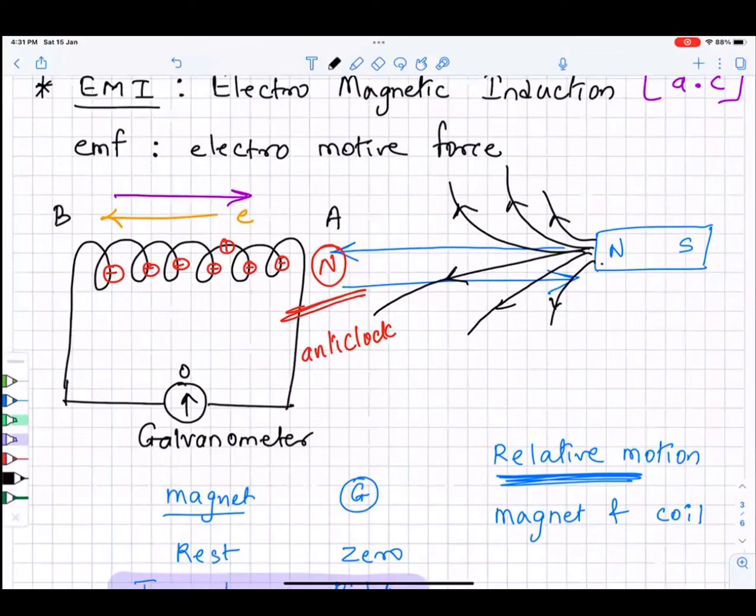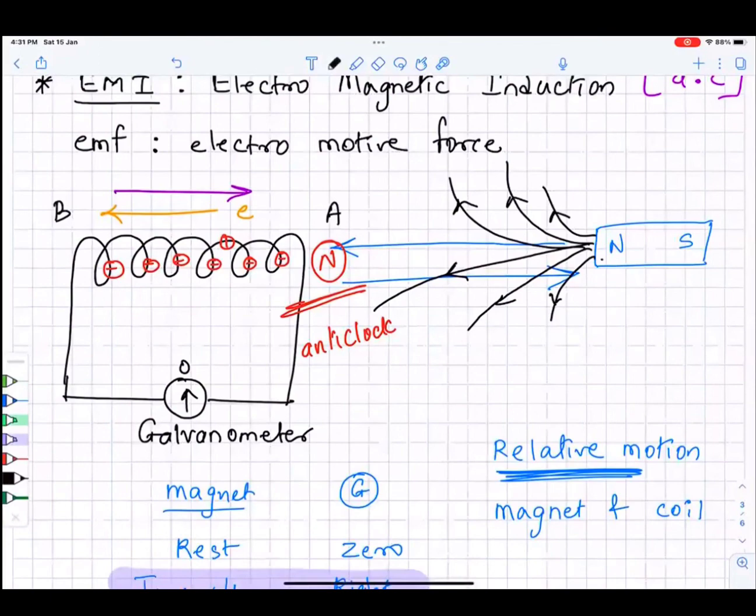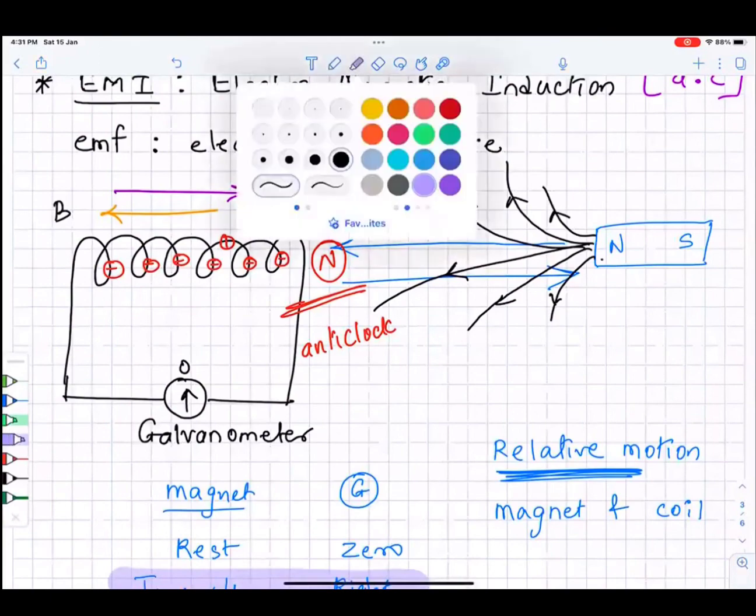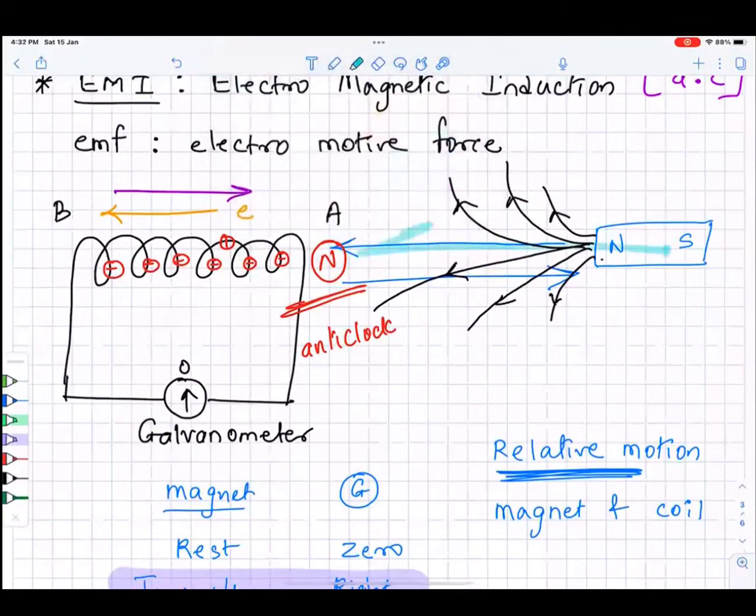Sir, but what about anti-clockwise, front and back? I don't understand. If you're moving the magnet, say you're moving the magnet like this, this way, over here.